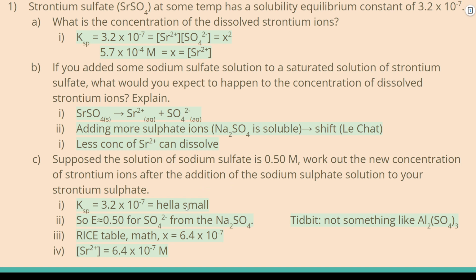Here, I didn't show my ICE table, but you can set it up. Again, Ksp is really small, so I could do the shortcut for the ICE table. So for the sulfate, I can round it and then do the ICE table math. I skip showing my work for that, and then here's my answer.